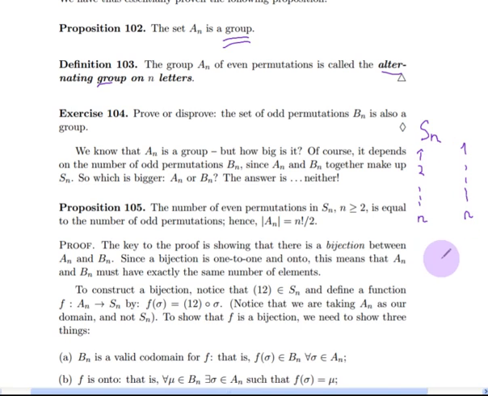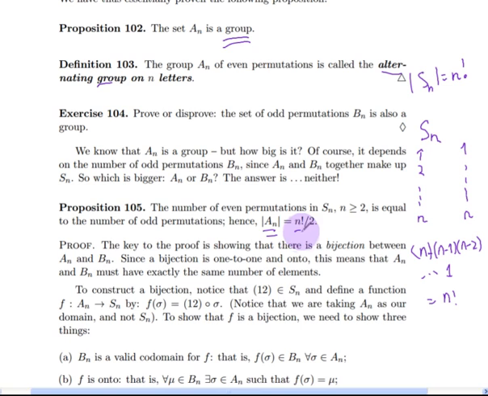Well, 1 can go to any of n possibilities. Once 1 is fixed, then 2 can go to n minus 1 possibilities. Once those 2 are fixed, 3 can go to n minus 2 possibilities, and so on down to 1. So I have that the order of Sn is n factorial.